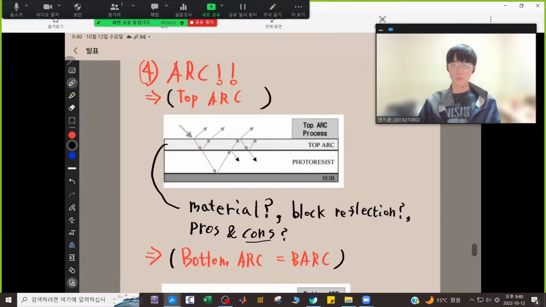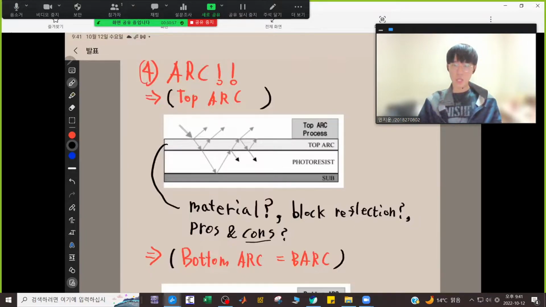This method uses a polymer like photoresist, so we should use spin coating. And this method blocks the reflection by controlling the thickness and making destructive interference.